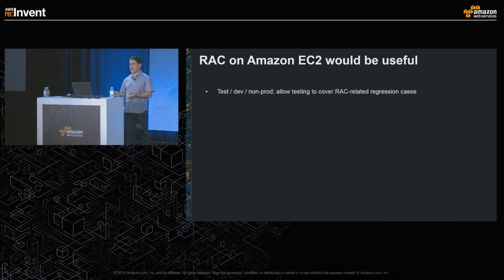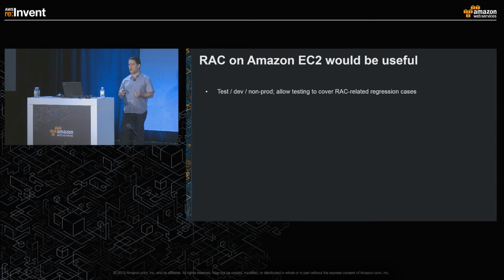They want to be able to tell if they're introducing workloads that are going to be affected by RAC-related regression cases, such as if they were going to cause latency in the application as a result of forcing RAC to share blocks across the interconnect, or if they were going to affect the availability because maybe their application doesn't know how to use application failover or FAN or one of those kinds of things. So those are reasons why you'd want developers developing against RAC if they're going to produce software for RAC.